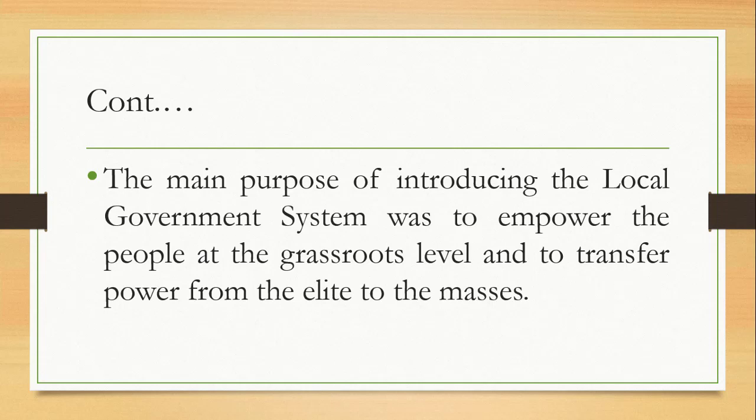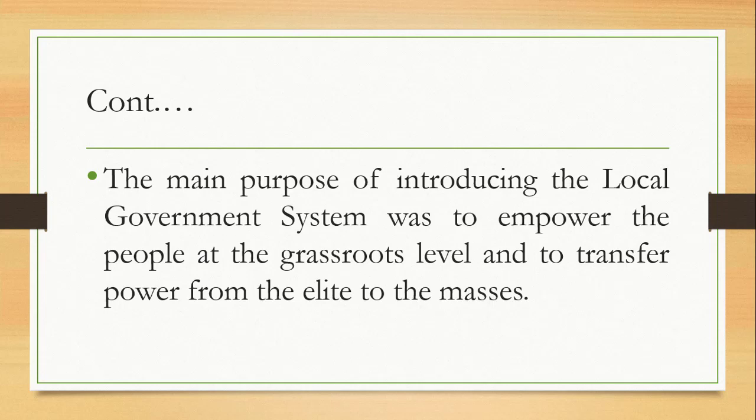The essence of this system was that the local government would be accountable to the citizens for all their decisions, and it would enable the proactive elements of society to participate in community work, development, and related activities, and would remove the rural-urban divide.